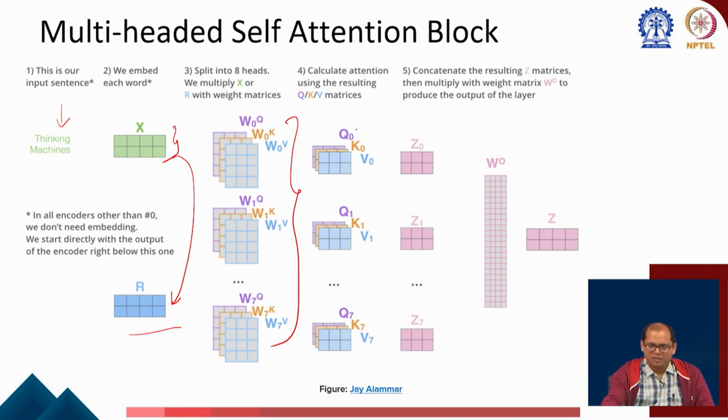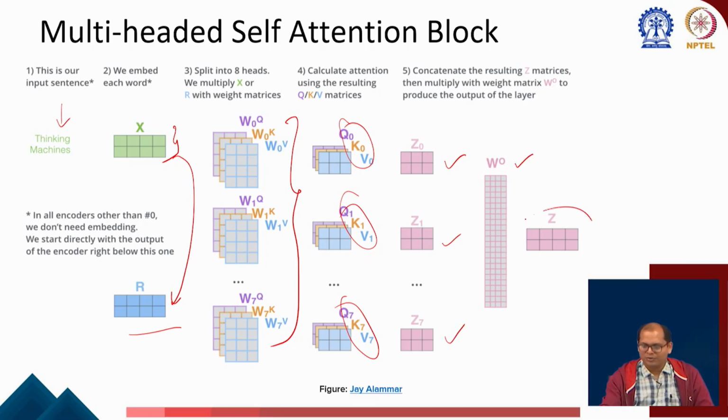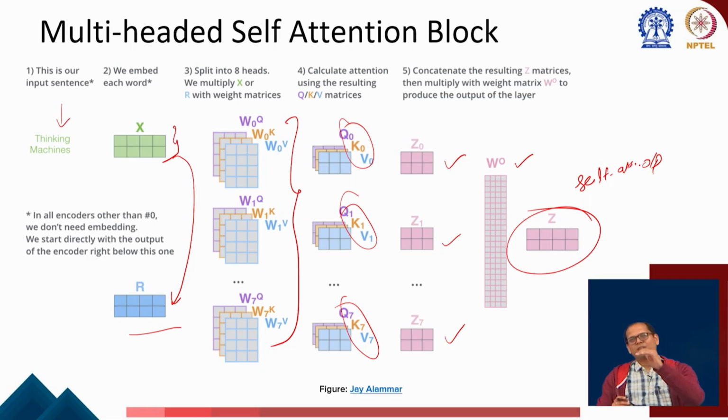Use that to compute the matrices for query, key and value for each attention head, get the output from each attention head and then multiply the concatenation of these with W0 to get the final self-attention output. And this is what is used later on, whether you want to add and normalize or you want to do the feed forward network, and this will be common for all the layers.